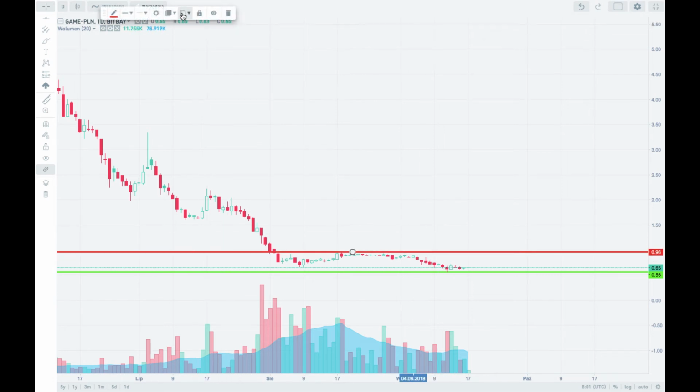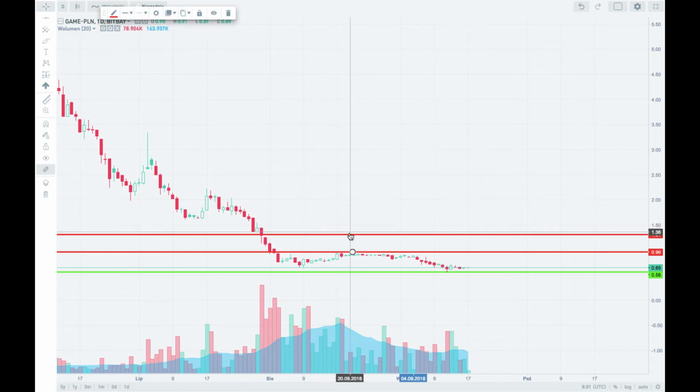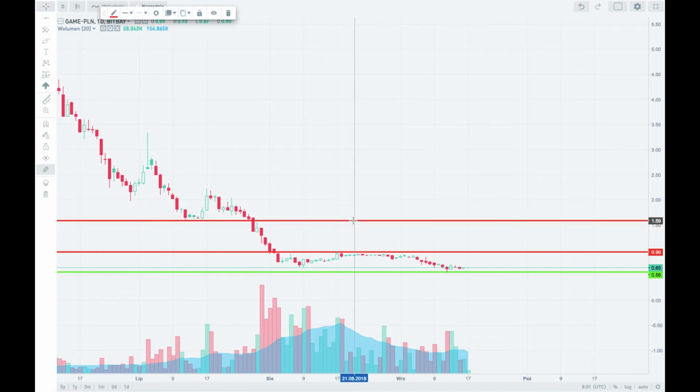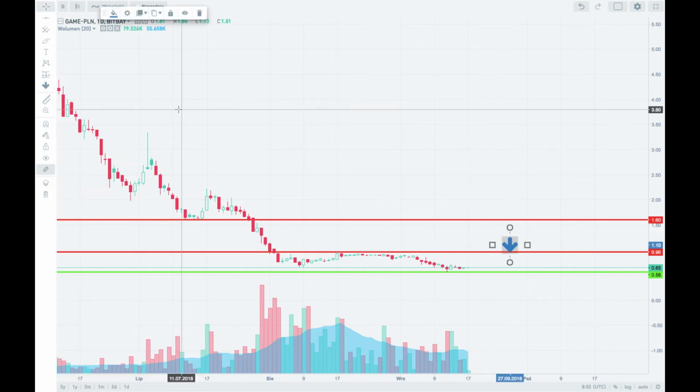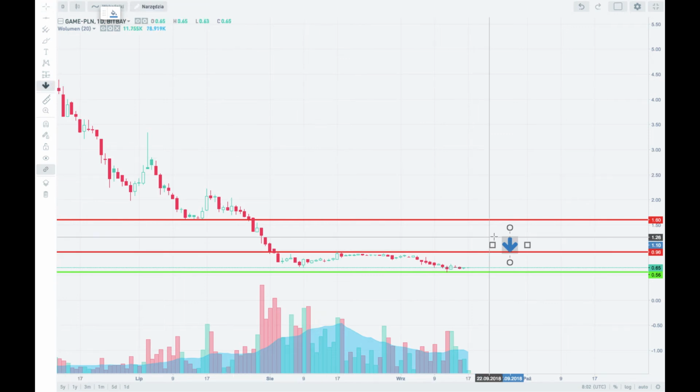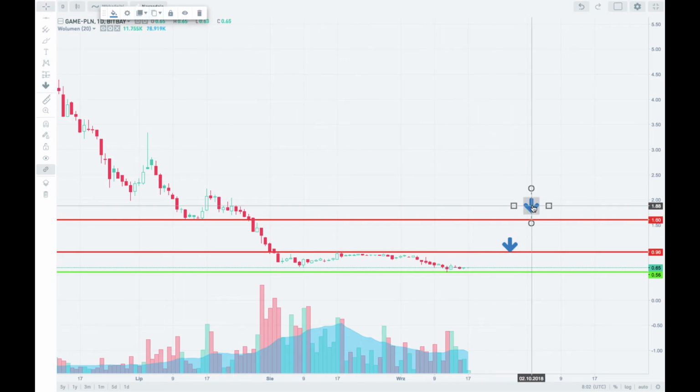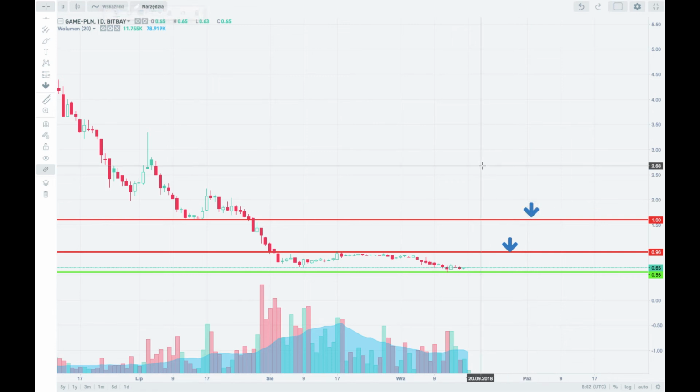If we make another technical level, this will be 1.60, and the price should go from 0.96 to 1.60 next if this level is broken. Let's mark it with the arrow. After this level, the next one will be that one. So these are the two most important levels.